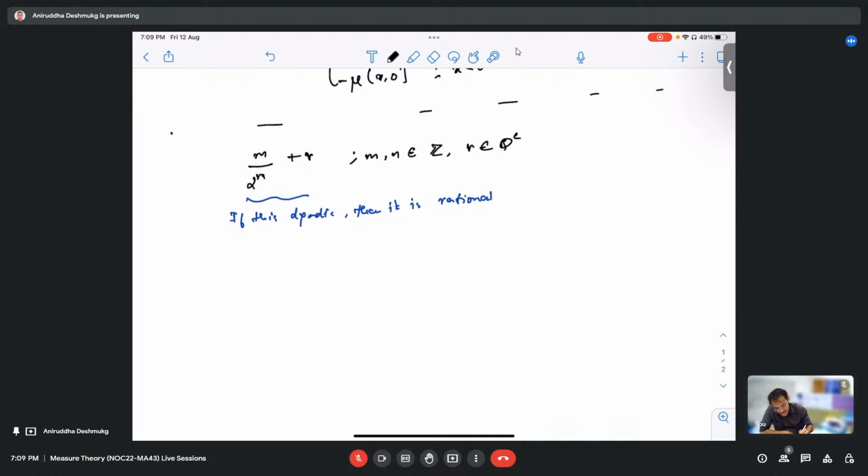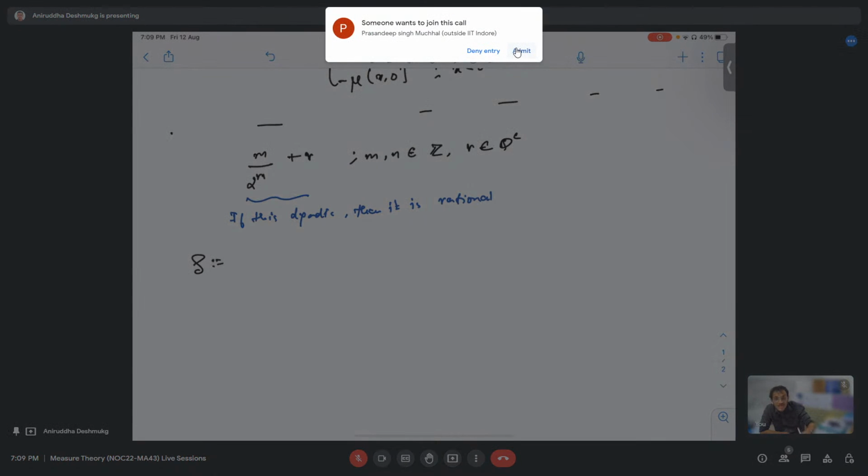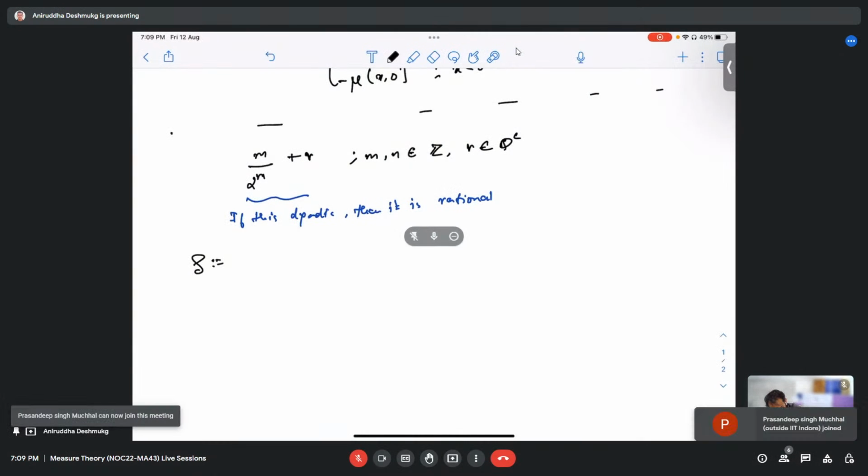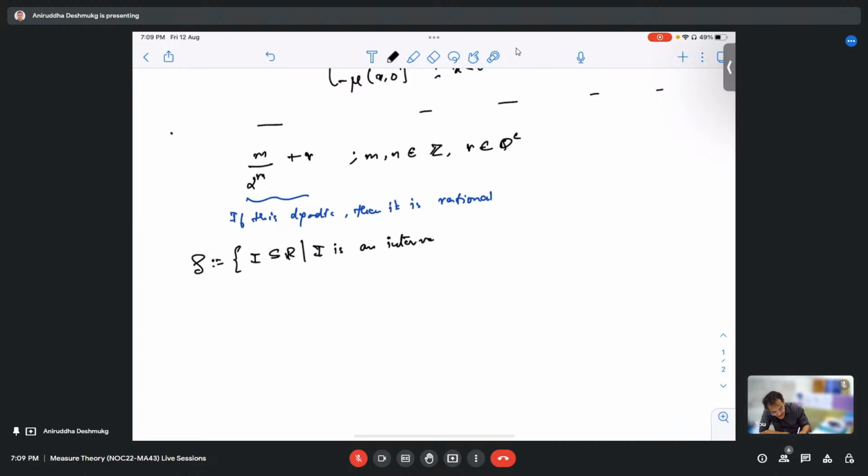Let us write it. Suppose I consider S as the collection of all intervals I such that I is an interval and the endpoints are irrational. Can you think why this is not a sigma algebra?